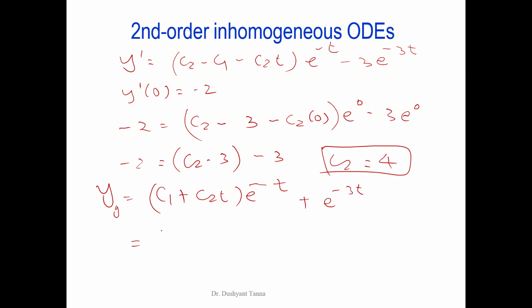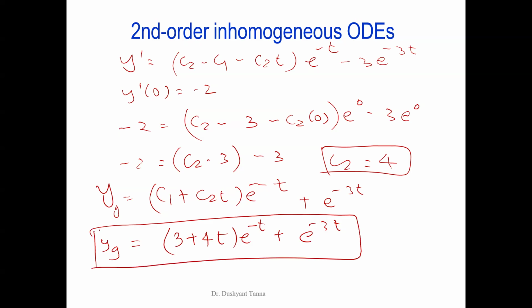What was our c1? 3. So 3 plus 4t, times e raised to minus t, plus e raised to minus 3t. That is yg, or simply y. Okay, decent question, not difficult. It's a step-by-step process. You have to note down all the steps and practice every step as you go.